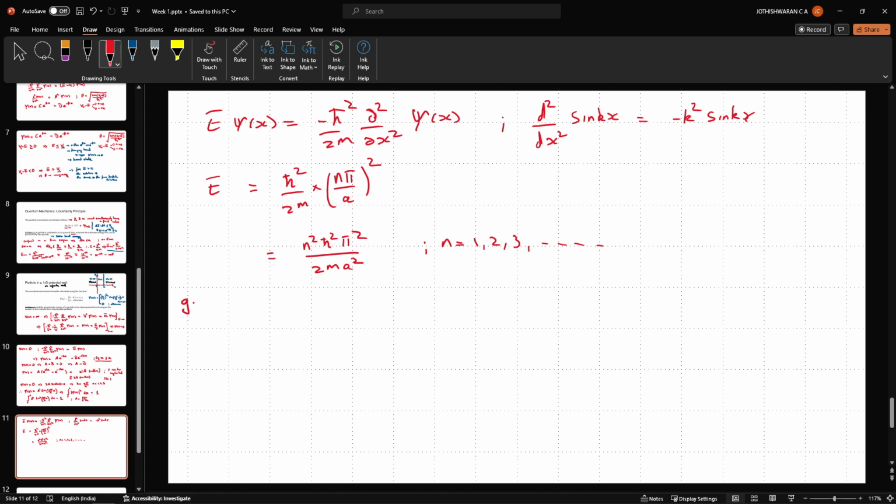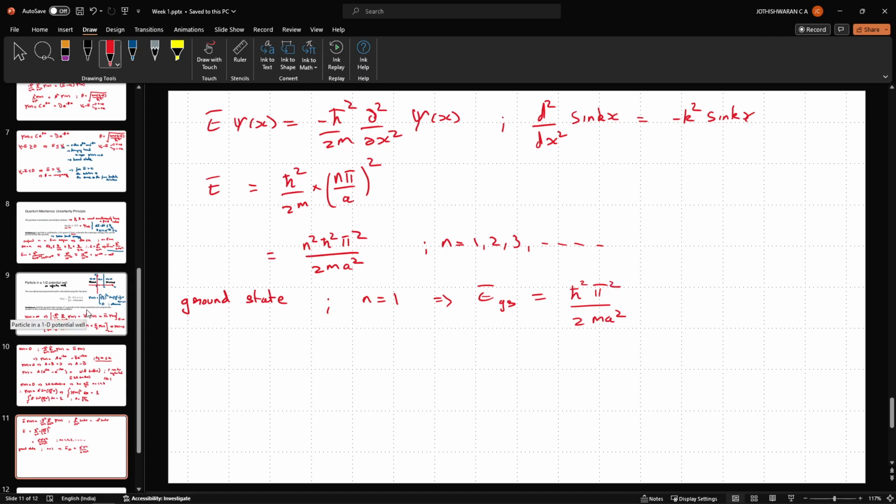So ground state is the lowest possible energy for the system. That corresponds to the case where n equal to 1. This implies E ground state, let me call it GS, is equal to h bar squared pi squared upon 2ma squared.